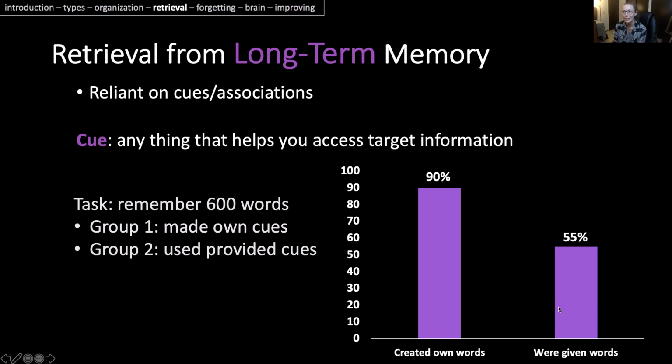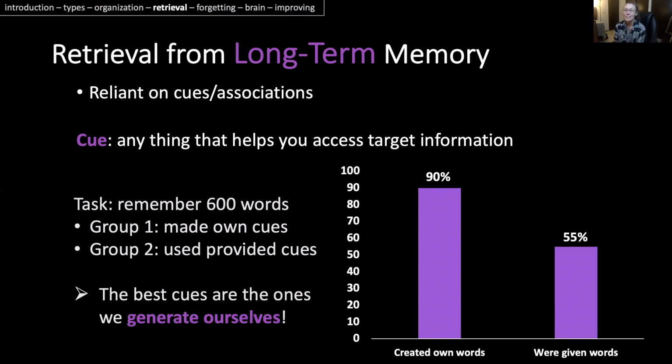Now, if you look at how well they did on the exam, on the recognition or the recall task, the group that created their own words scored almost 100% on this test, compared to the group that was given cues, who scored about half of them right. So TLDR, make your own retrieval cues when you study. Sometimes I might give you tips and examples to use, but it's always more effective to come up with your own cues because they're personal and easier to work with. So the best cues are the ones you generate yourselves.